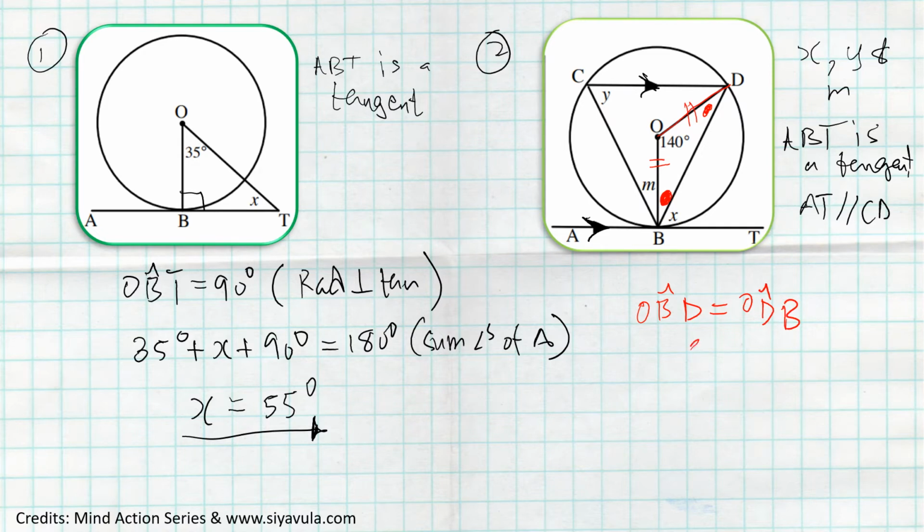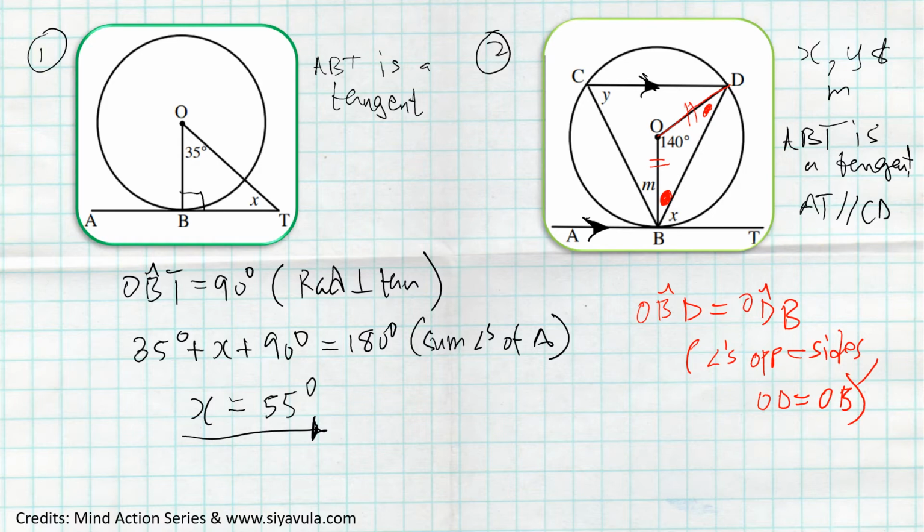Why are we saying they're equal? Because angles opposite equal sides are equal. And we have to show the sides that are equal. OD is equal to OB, because they are equal radii.